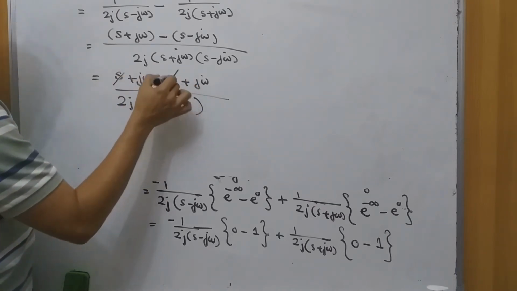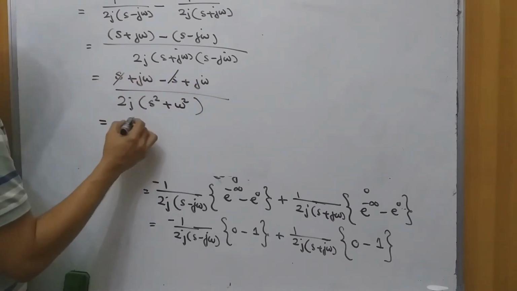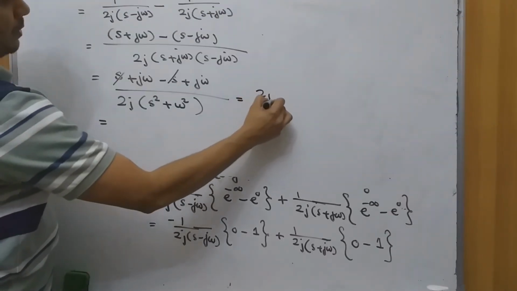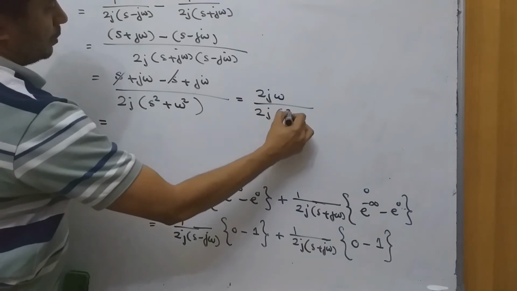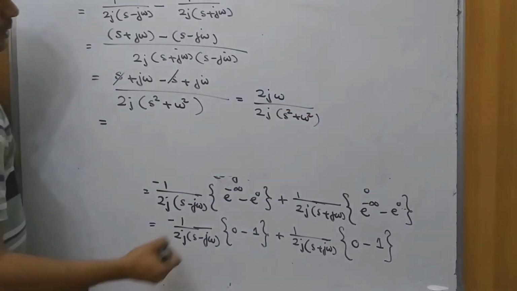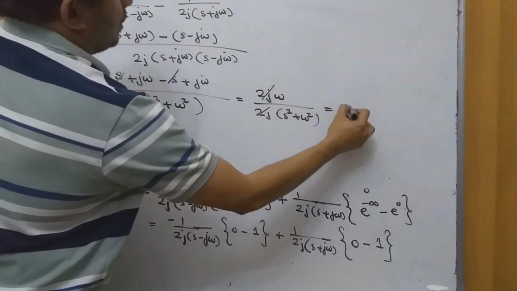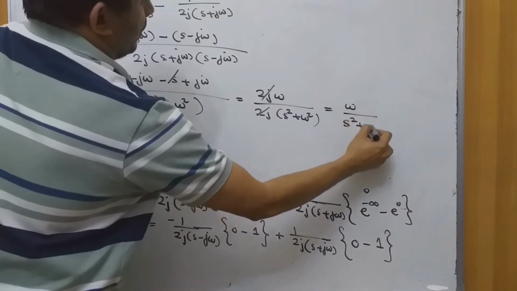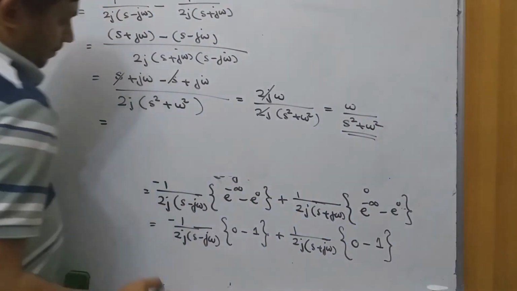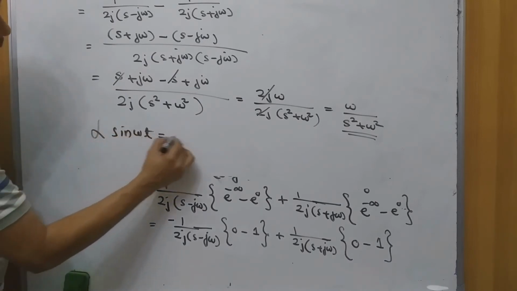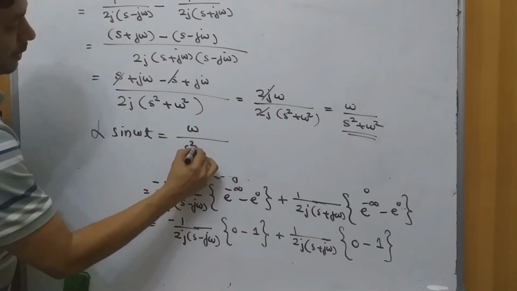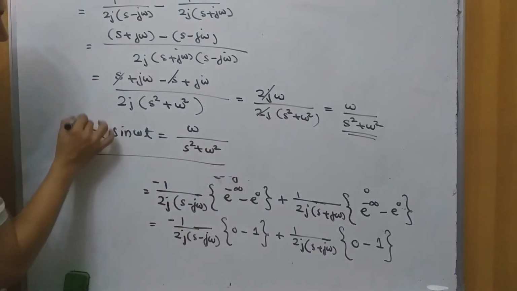In this case, these two things cancel. So we have the numerator 2j omega divided by 2j into s square plus omega square. So 2j cancels. The answer is omega divided by s square plus omega square. So we can say that the Laplace transform of sine omega t is omega divided by s square plus omega square.